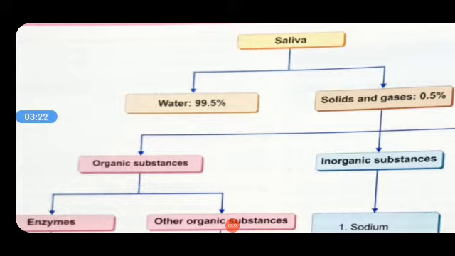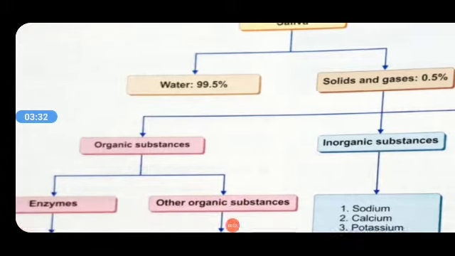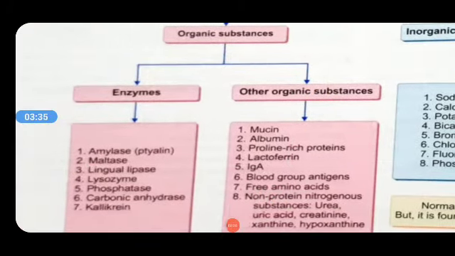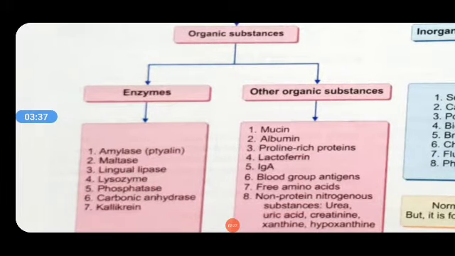Now let us categorize the solids and gases. The solids can be categorized into two: inorganic and organic. First, let us see the organic constituents. The organic constituents can be categorized into two: the enzymes and other organic substances. First, let us see the enzymes.